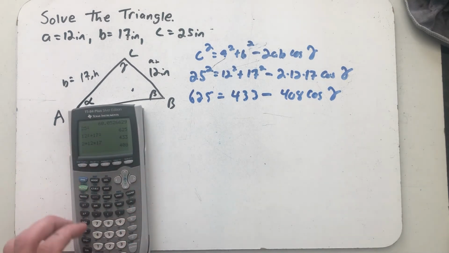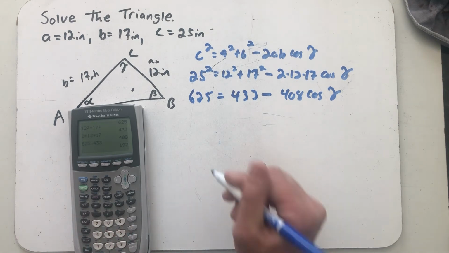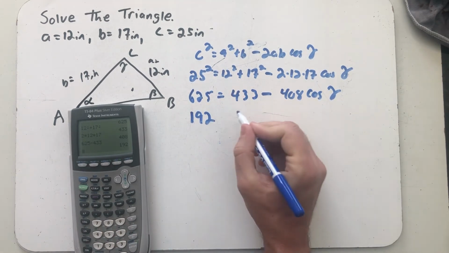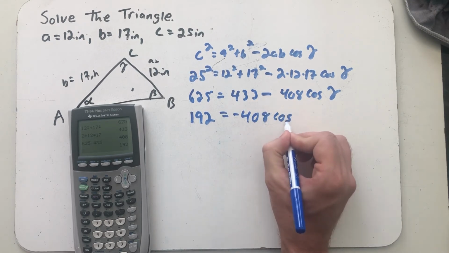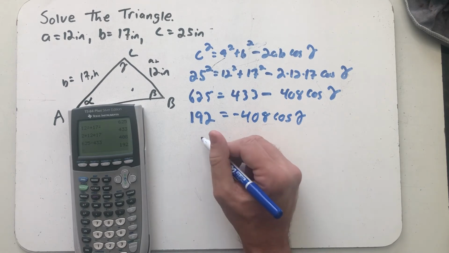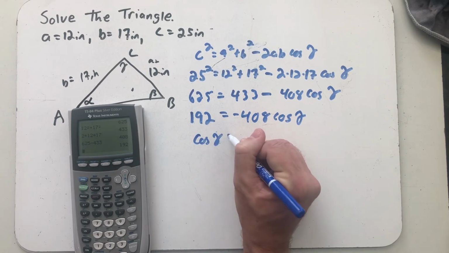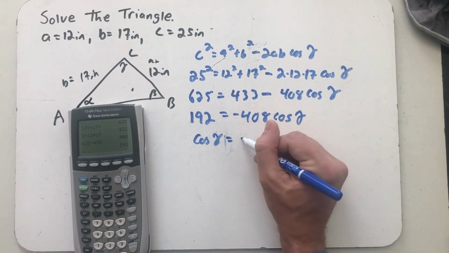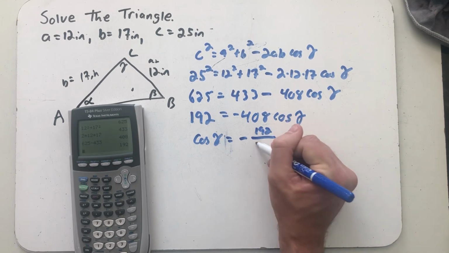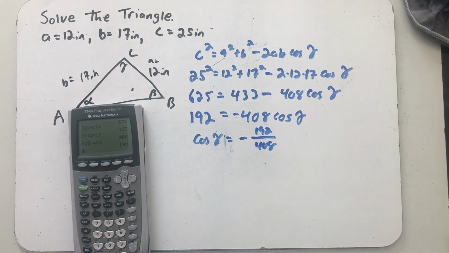So I'm going to take 433 away from both sides. Divide both sides by that negative 408, and it's at this moment I know gamma really is an obtuse angle, because it tells me that the cosine of gamma is minus 192 divided by 408.